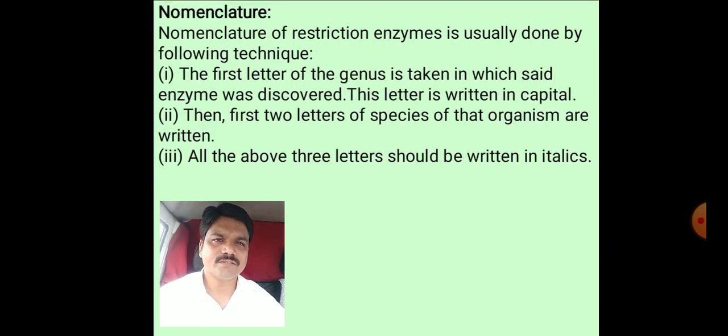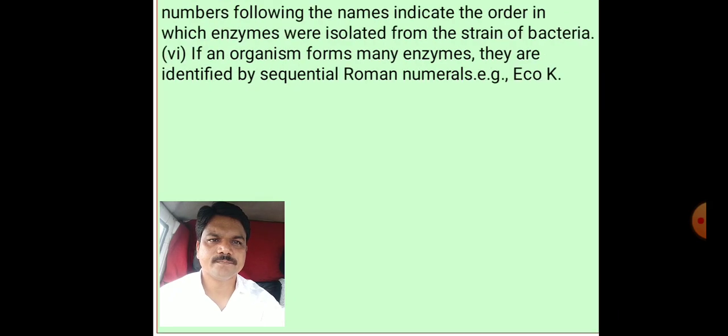Nomenclature of restriction enzymes is usually done by the following technique. The first letter of the genus in which the enzyme was discovered is taken. This letter is written in capital. Then the first two letters of the species of that organism are written. All the above three letters should be written in italics.